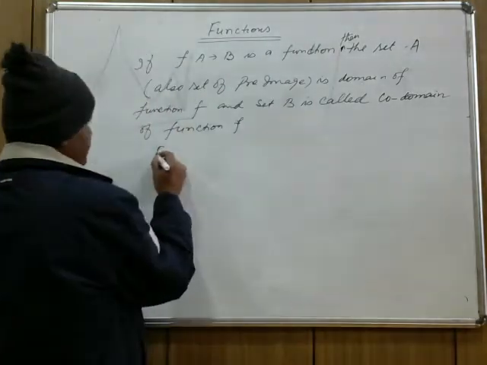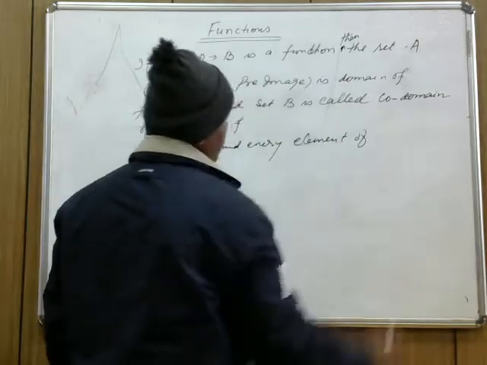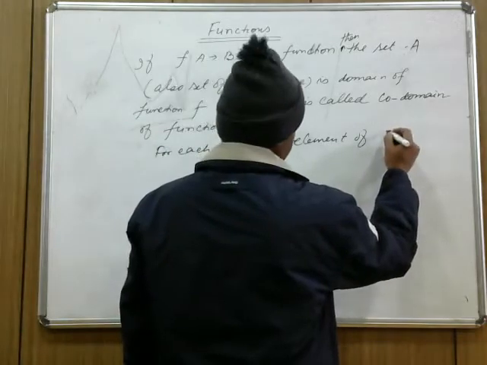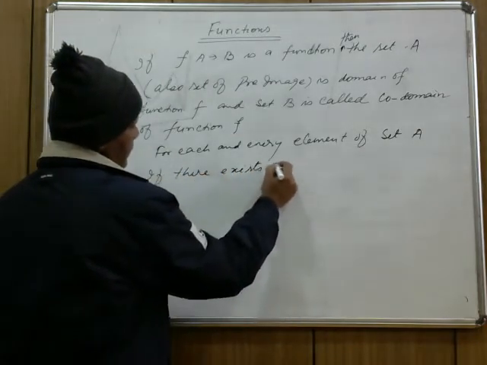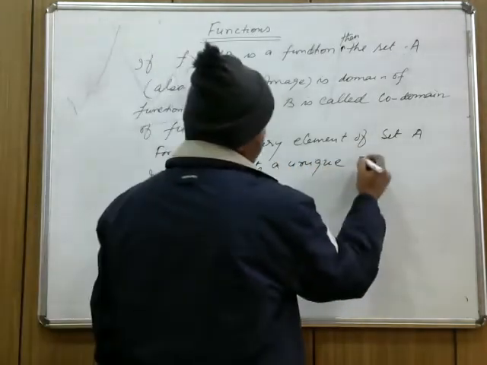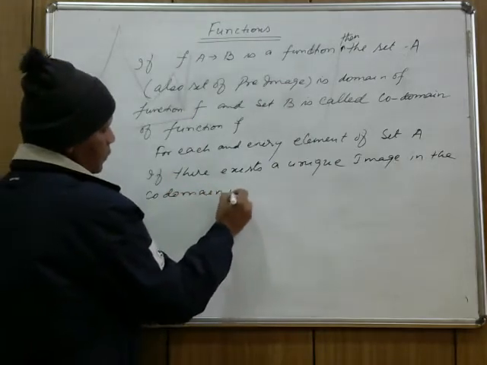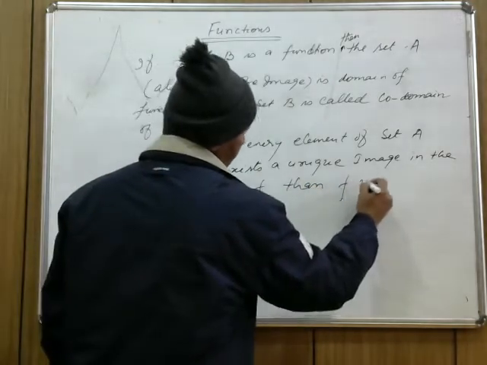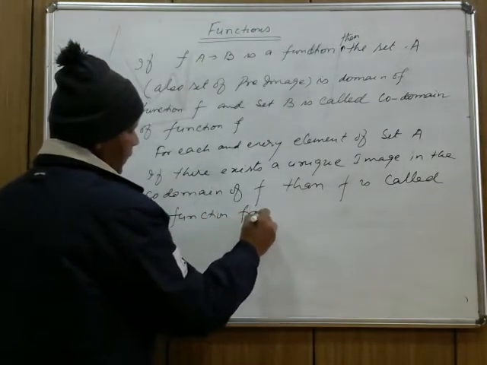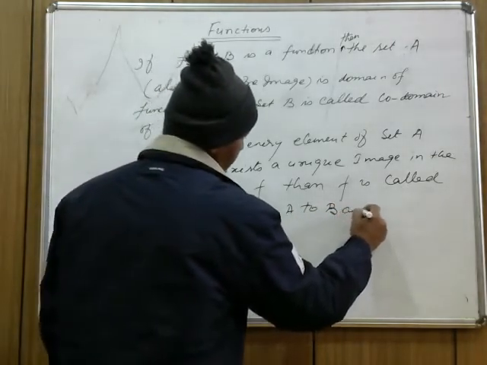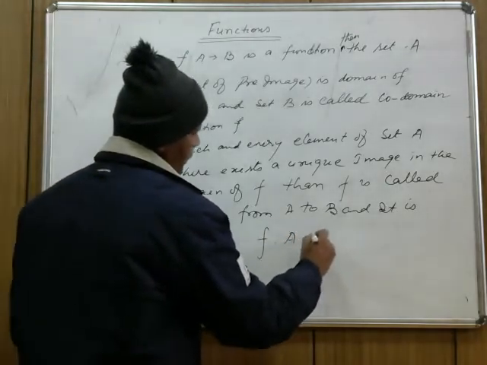And for each and every element of set A, if there exists a unique image in the codomain of f, then f is called a function from A to B, and it is denoted as f is a function from A to B.